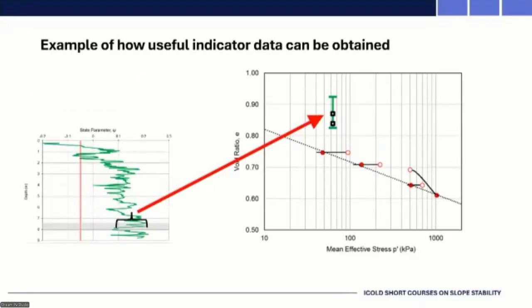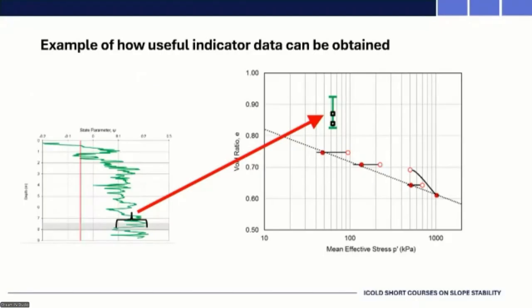So here's an example. The left was a CPT profile where we did the interpretation based on the Plewes method, and again, accepting that it's not an absolute measure, but it's clearly contractive, I think, is the conclusion you would come to there.